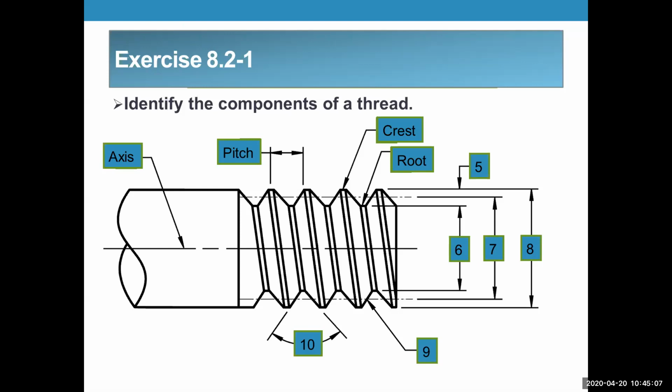Number 5 is going to be the thread depth. When you look at this thread depth, the dimension is going from here to here. See how they did that? They used this dimension to not only display the minor diameter, but be one of the dimension lines for the thread depth. That's because the formula for the thread depth is the major diameter minus the minor diameter.